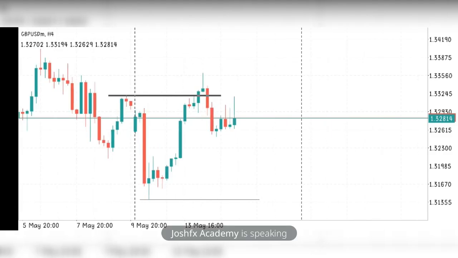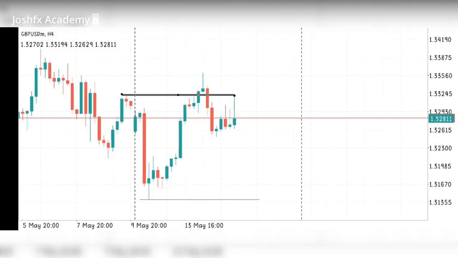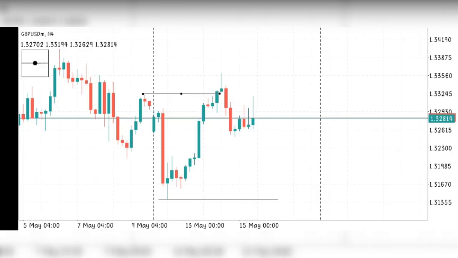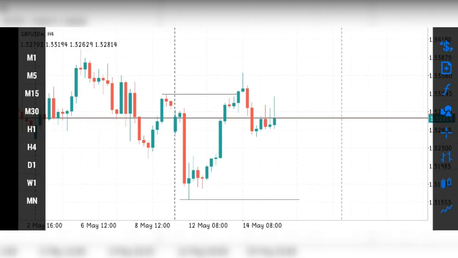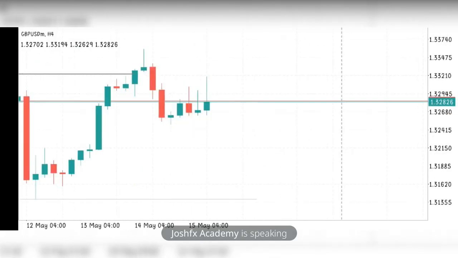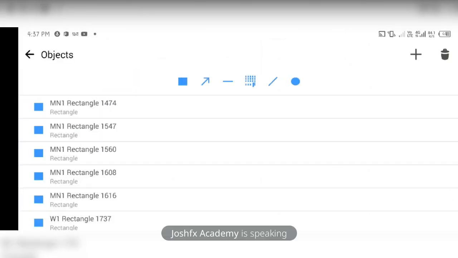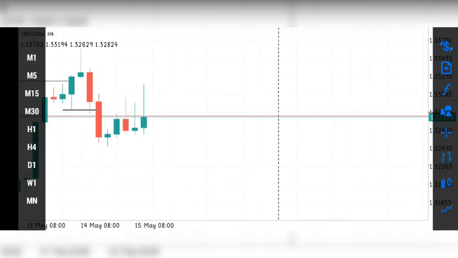Now, very clear. We had this liquidity and the market is planning to do something. One thing I observe is that we had a break of structure.